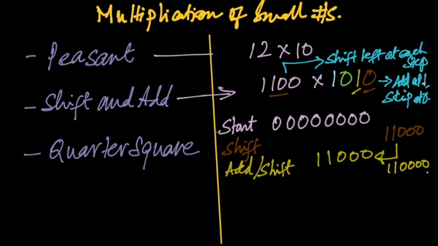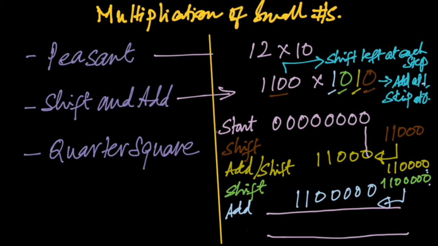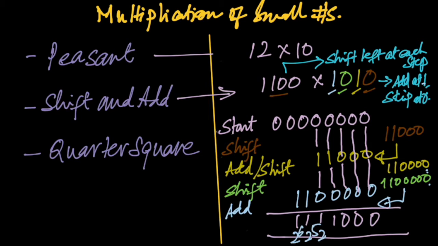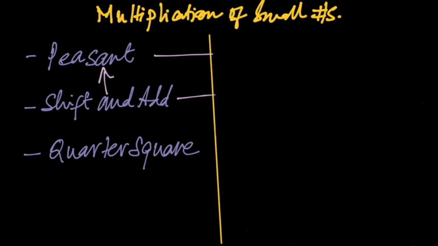The next one is 0, so we just shift this number by one more place to the left, adding one more 0 here. And then the next number is 1, so we add this number here. So when we add, it is just the peasant technique in a different form, because here also we only add the odd parts and we skip the even part.